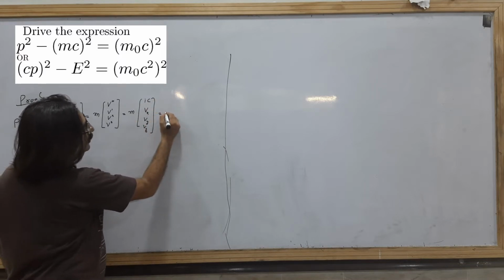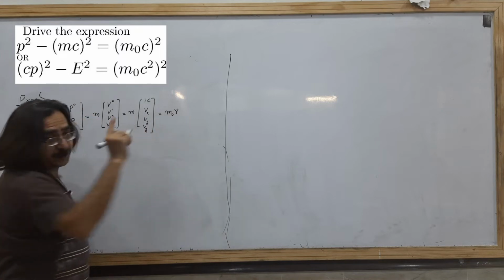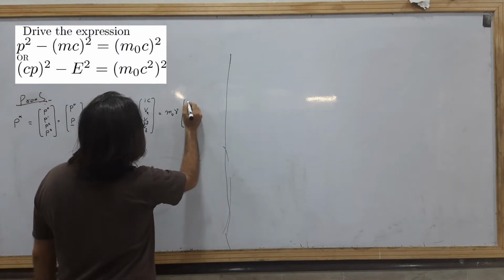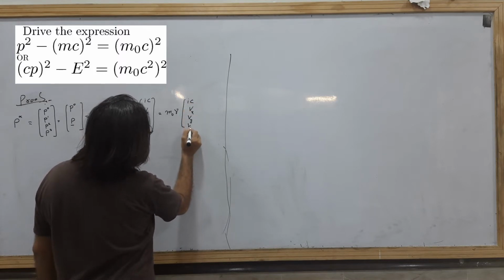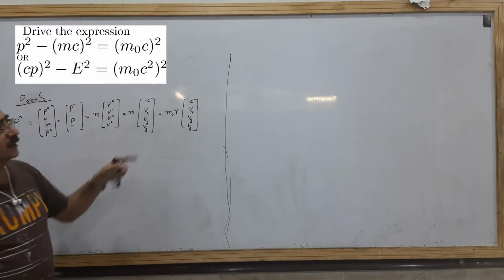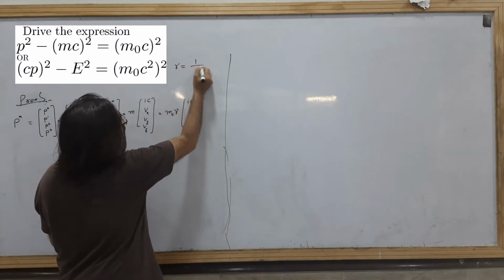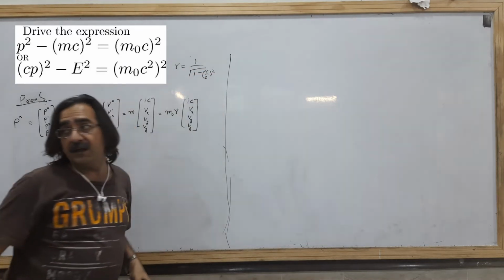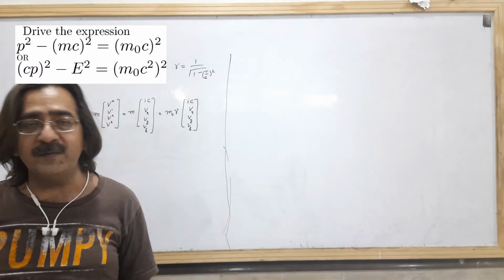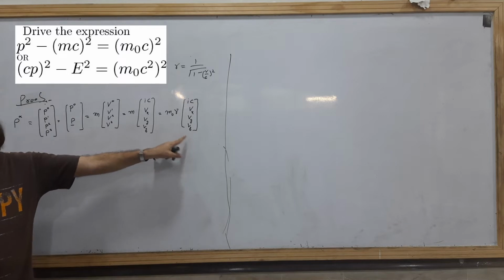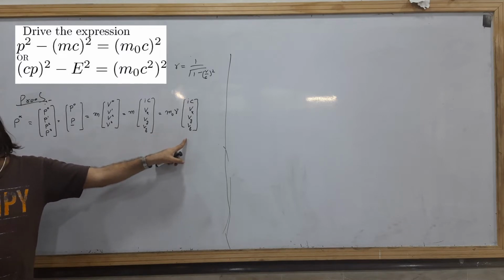This mass was m naught times gamma, that is 1 over, and this was iC, Vx, Vy, Vz, where gamma is 1 over the square root of 1 minus V over C squared. All these things have been verified and proved in the previous lecture. So this is the 4-momentum.